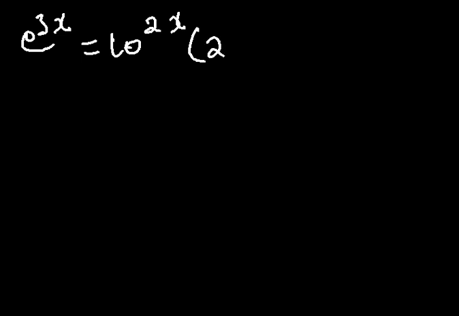Now how about if this is the case? Let's say you have a to the power 3x is equal to 10 to the power 2x times 2 to the power 1 minus x. Now how should you solve this?